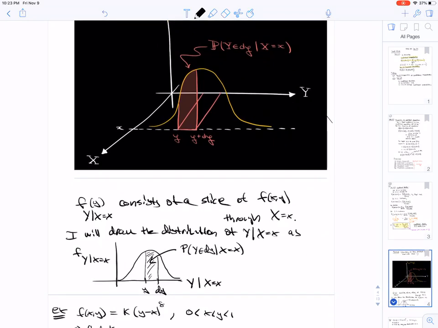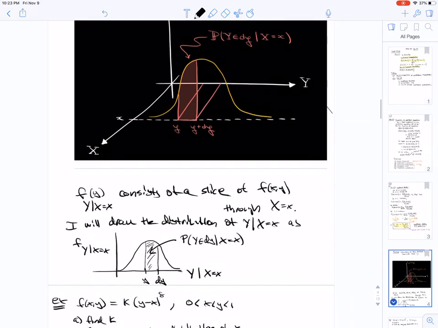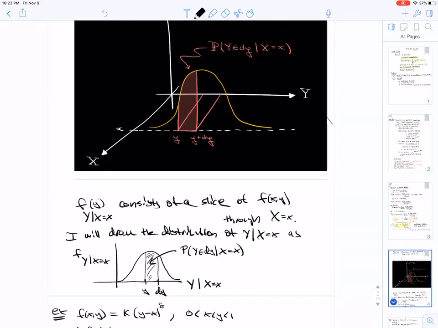The conditional density is a slice of the joint distribution, and you can draw the distribution along the dotted line here. I've drawn it below in 2 dimensions. And the probability that Y is in dy given X is x is the area under the curve between y and y plus dy.